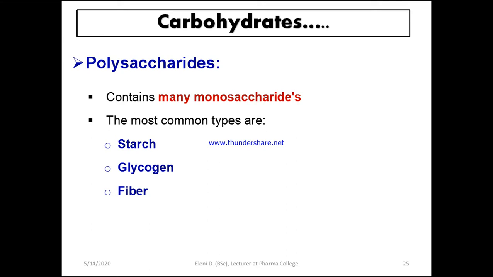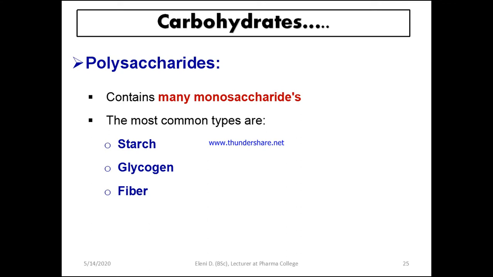Once the animal is slaughtered, glycogen is hydrolyzed within a few hours, except in oysters and lobsters. So it is not the commonest type of carbohydrate that we get from food, but it is a good form of energy storage in the body.